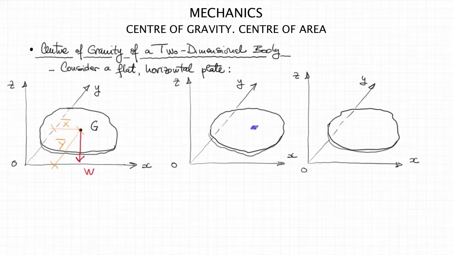So for example, this would be, say, element number 1, having a very small weight, dw1, located at coordinates small x1 bar and small y1 bar.